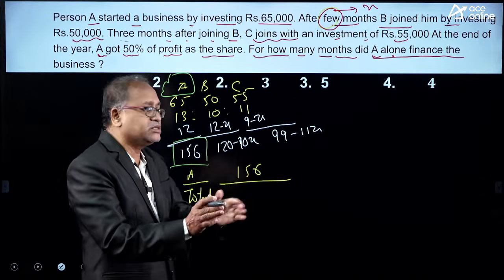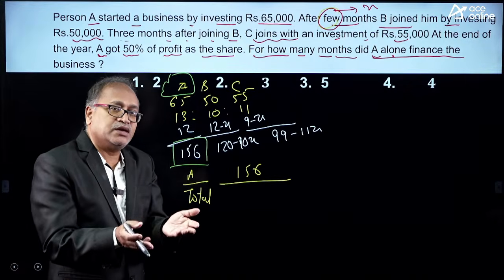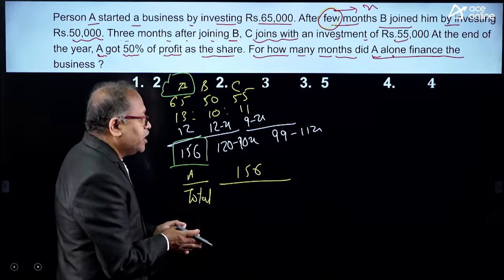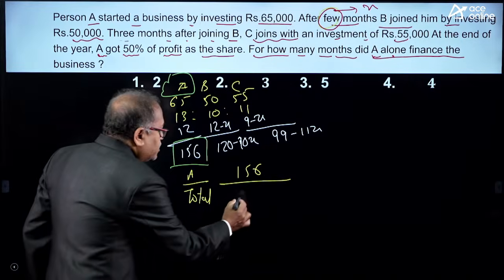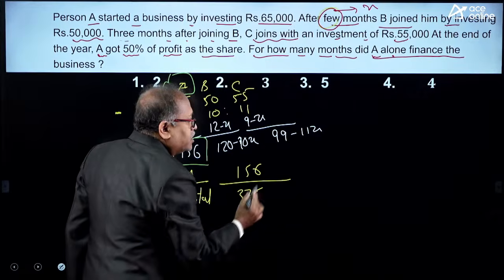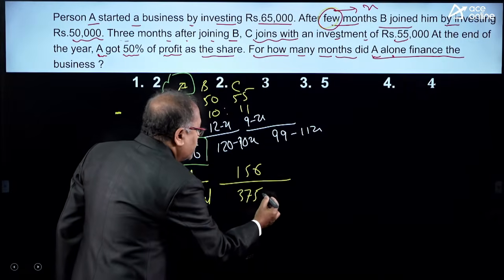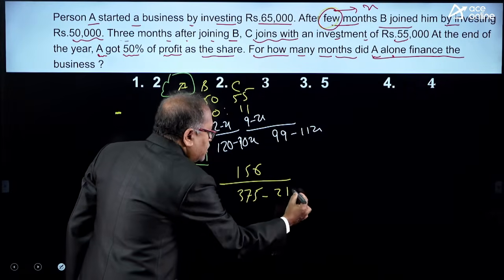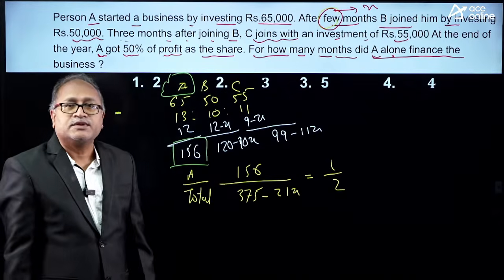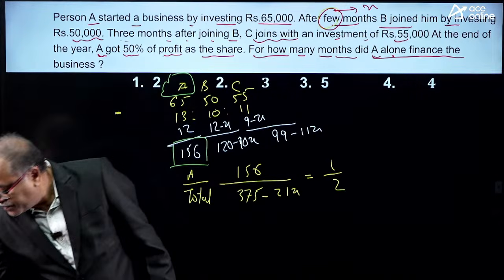If 276 plus 100, that is 376 minus 1, 375. So I am getting my denominator as 375 minus 10 minus 11, and that gives us minus 21x, and this is equal to 1 by 2.